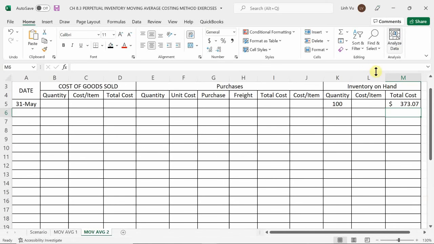And once again, I'm going to place my formula in my cost per item so I can be constantly calculating what my average cost is going to be. So in this case, it's 3.7307.